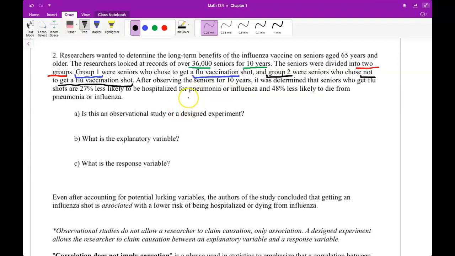That's why this is an observational study. They want to see what the difference is between having a flu shot or not having it, but no treatments were applied here. So, observational study.